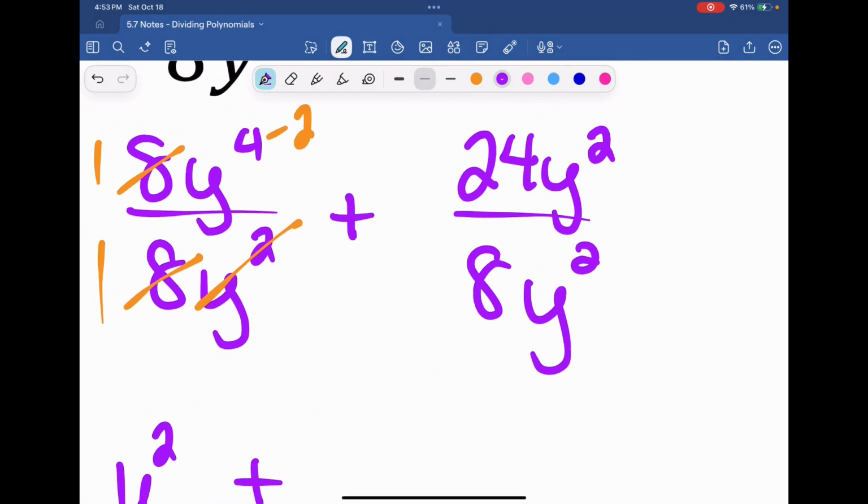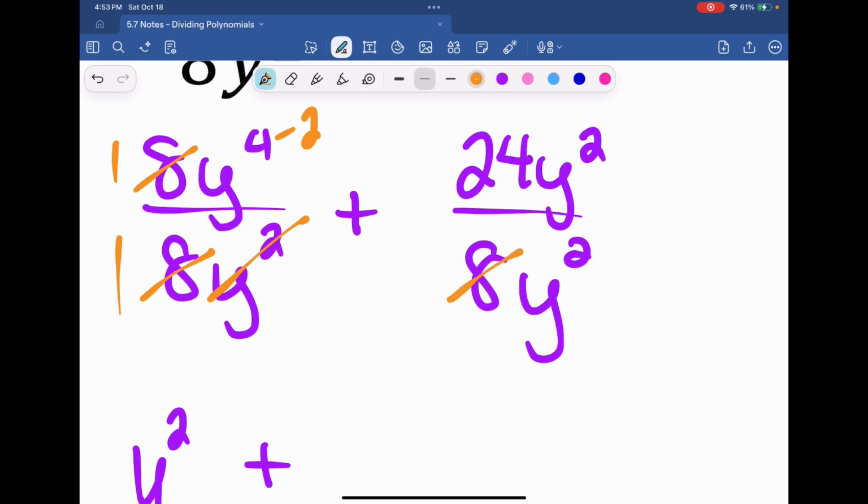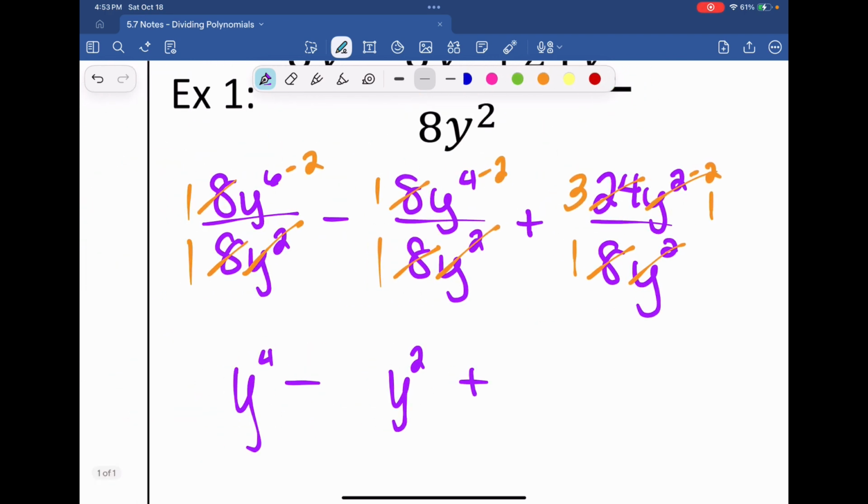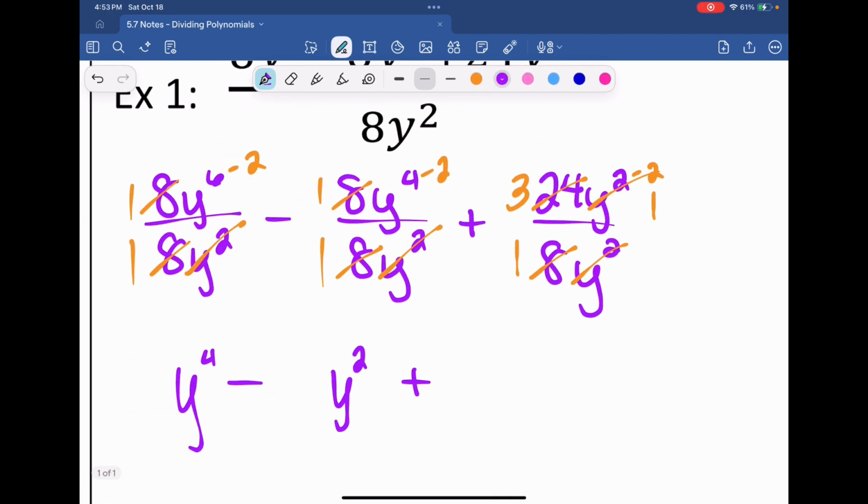Plus, back here, 8 goes into 24 3 times. Y squared. So I'm going to get y to the 0, which is 1. And so I'm left with just 3. That's division.